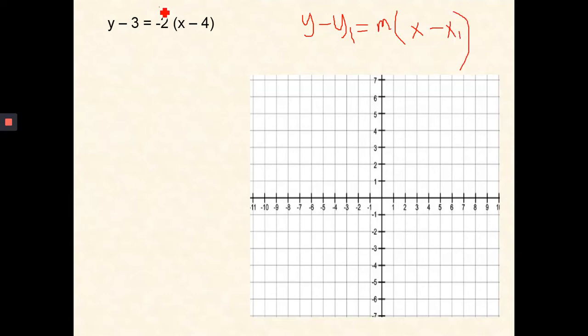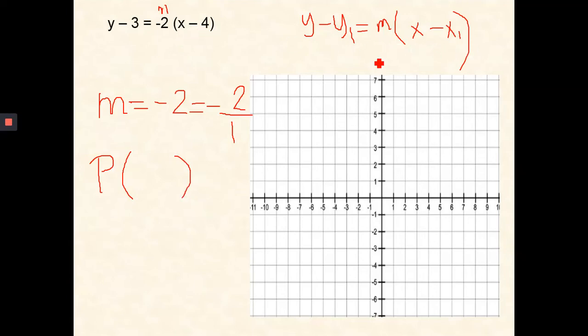So, this is your m. Your m is equal to negative 2. You need to know negative 2, what is the denominator? It is 1.